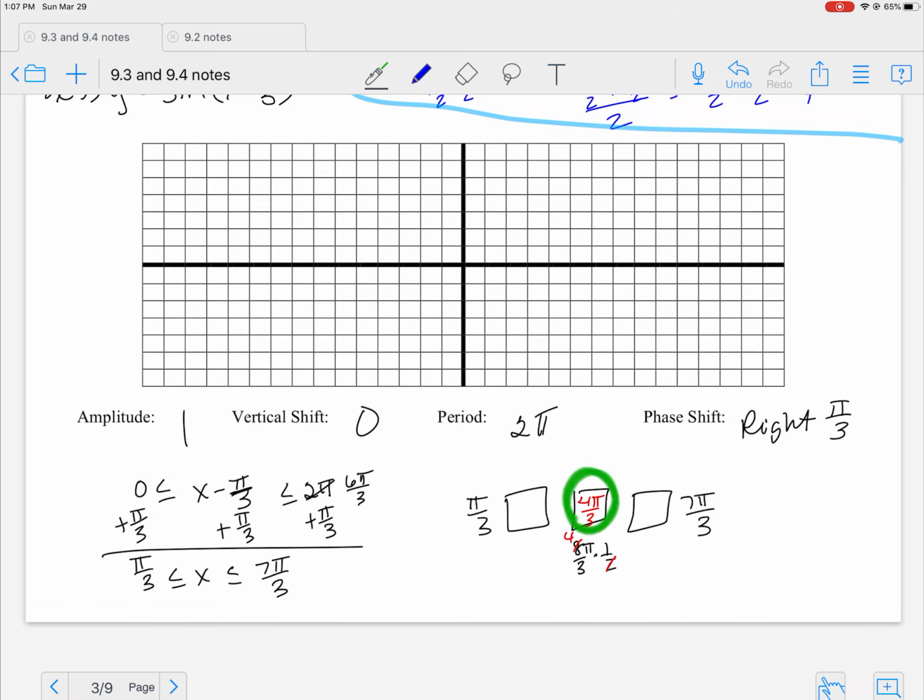Then I'm going to come over here to the other side, and I've got 4 pi over 3. So add these up. 4 pi over 3 plus 1 pi over 3 would be 5 pi over 3. So add those two together to get 5 pi over 3 times that 1/2, and nothing reduces there. So I just end up with 5 pi over 6.